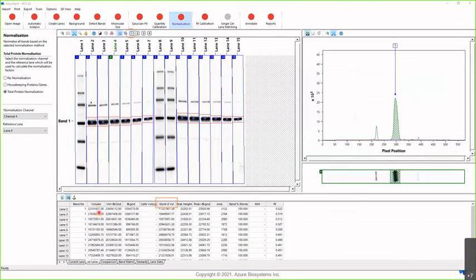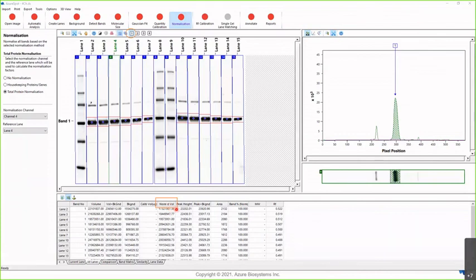This normalized volume will be your data for that particular protein of interest in that sample, and you can use that value to do comparisons between different groups and so forth. So this is how the data analysis looks.